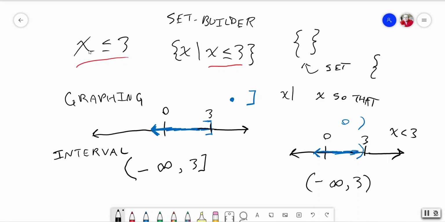And of course, if this had been the other direction, then that would change to match it.